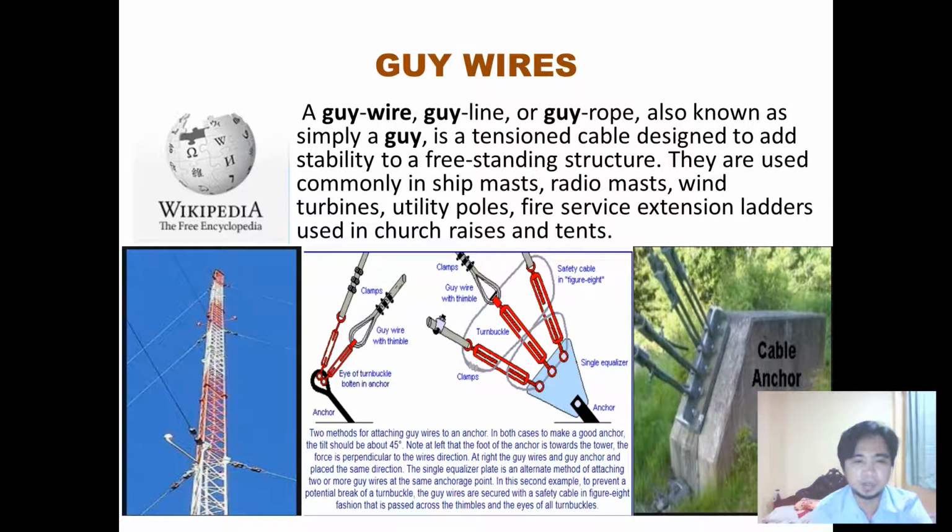Usually in towers locally, like towers of the electric corporation or a cell site tower, this is freestanding because there is no brace in it. So the guy wire would act as the brace, and it is usually anchored on a foundation, or what we call a dead man, or a concrete anchorage for that cable.